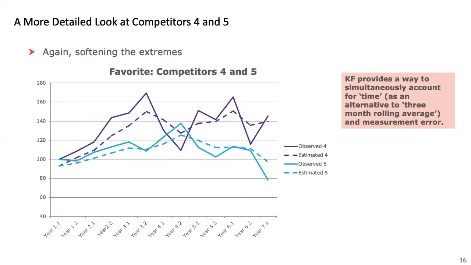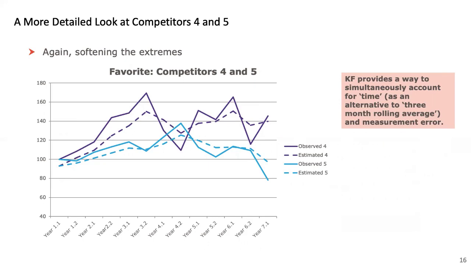One of the things I just want to point out is, how would we normally have dealt with situations like this when you see these big extremes? What we tend to do in brand tracking is use some kind of running average measure. But that, again, is somewhat arbitrary. Why is it better to have a 3-point rolling average versus a 2-point rolling average or a 5-point rolling average?